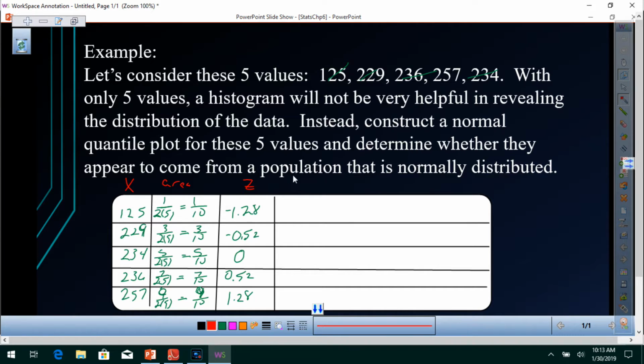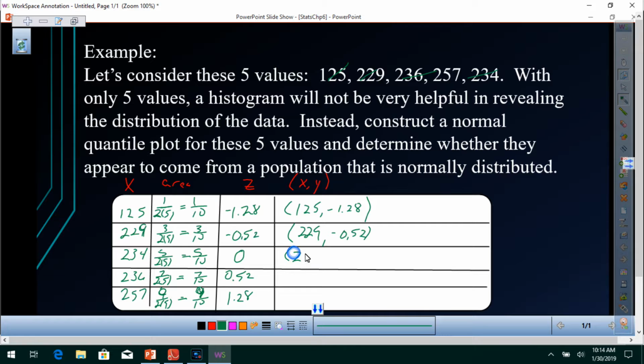So now we're going to have our ordered pairs, and that's going to be x, y. Those ordered pairs are going to be 125, negative 1.28. We're going to have 229, negative 0.52.